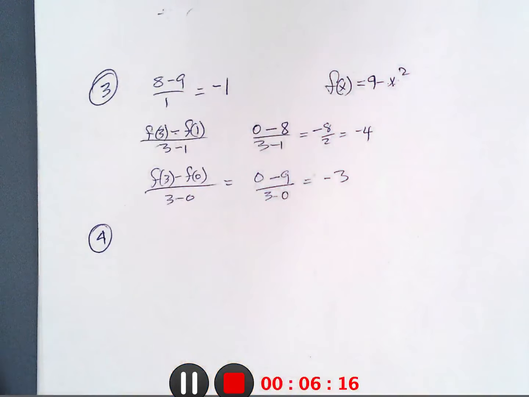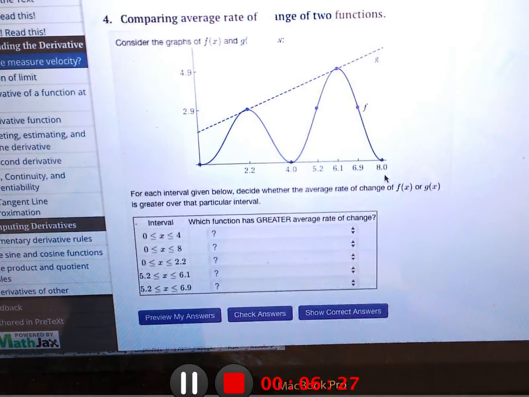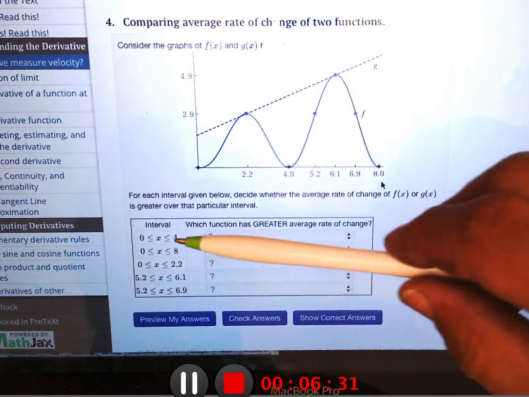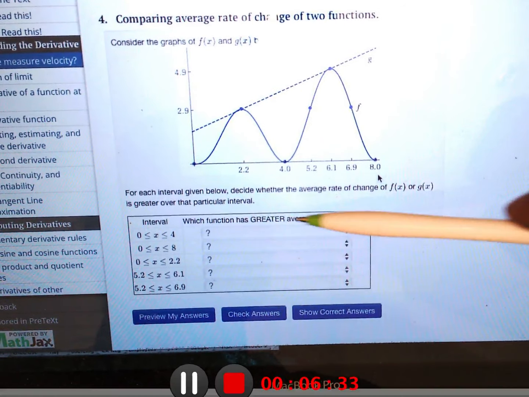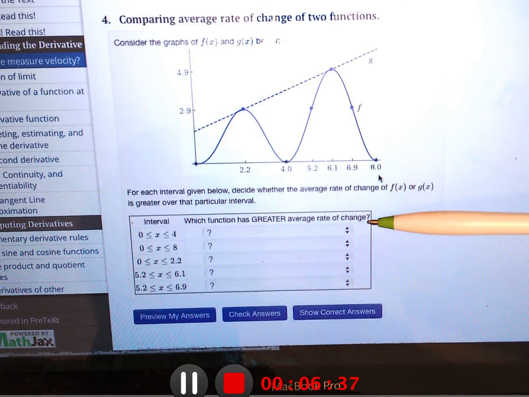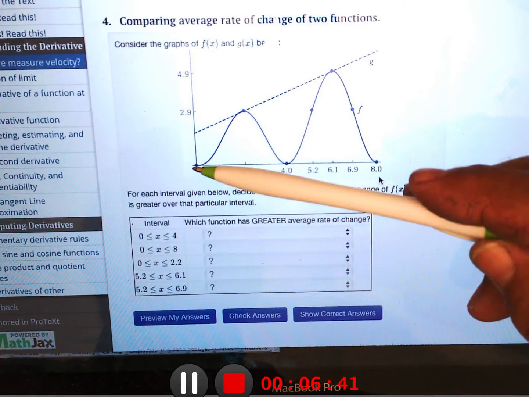Okay, 4. For each of these intervals, which function has the greater rate of change? So let's just kind of look at it. From 0 to 4, at 0 the height is 0.